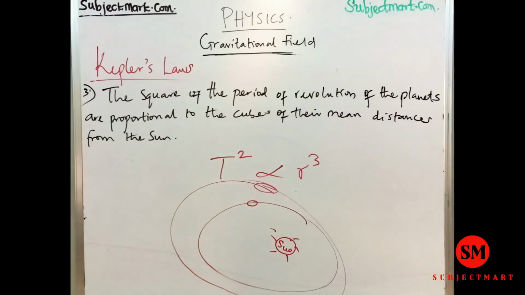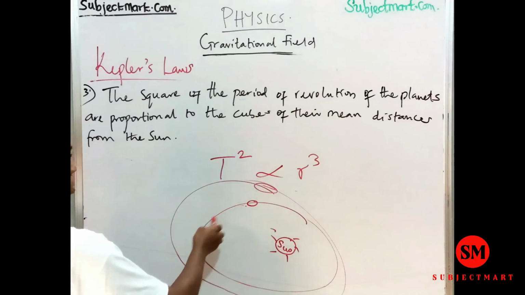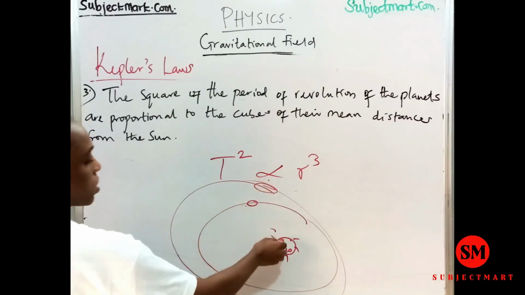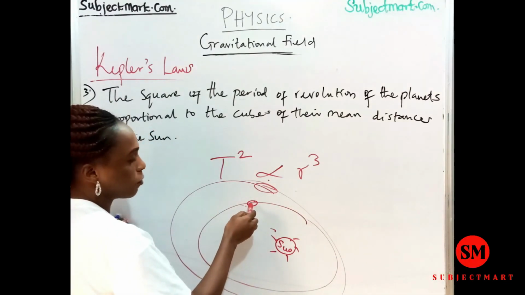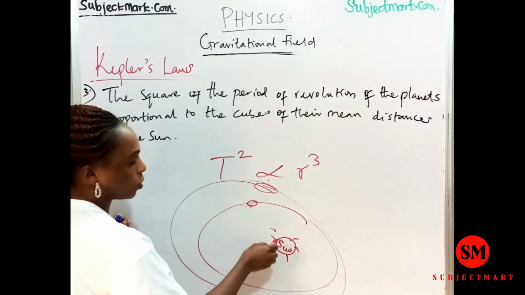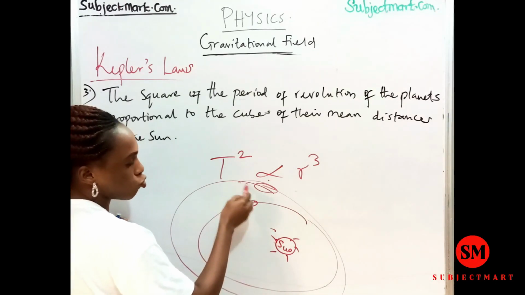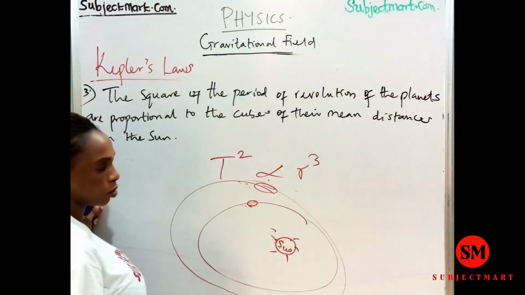Now, what this law tells us is that the period of revolution, the time taken for this planet to move round, is proportional to its distance from the sun. The time taken for it to move is proportional to the distance away from the sun. So the farther the distance away from the sun, the more time it will require to go around the sun.